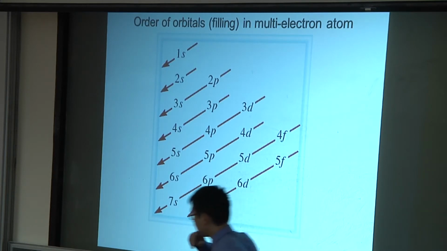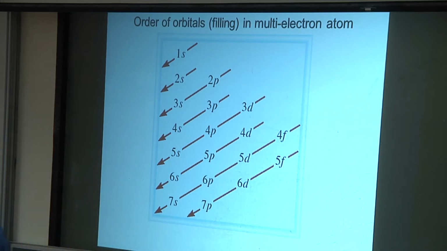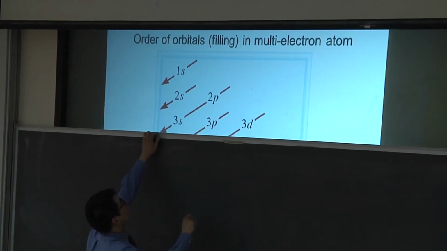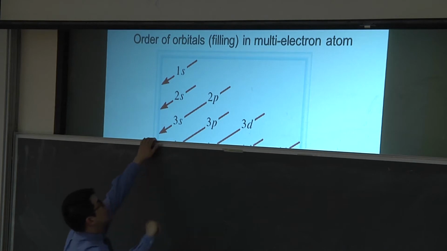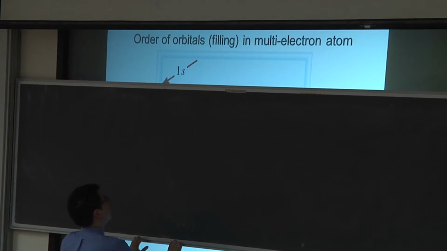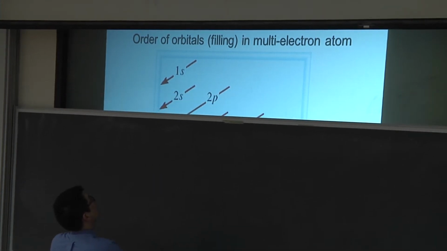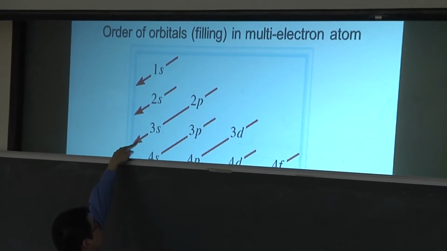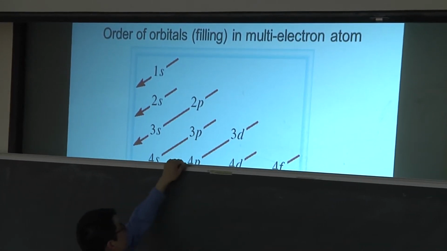This is a diagram that books like to show. I'm not crazy about it because we almost never get all the way down here. So if we start from the top, this is how we fill: 1s, 2s, 2p, and then from 2p it goes to 3s. From 3s it goes to 3p, right?